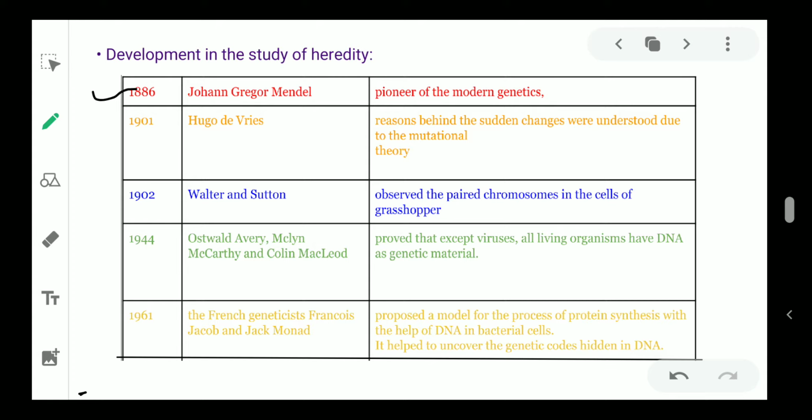After that, in 1901, Hugo de Vries gave the reasons behind the sudden changes that took place in certain individuals or certain species. That reason was explained in the theory named the mutational theory. So the reason behind these sudden changes was nothing but mutation.